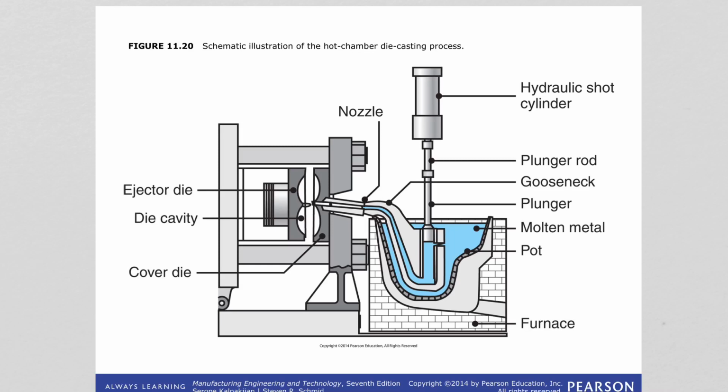Then the die opens, and with the use of ejectors, the part is removed from the die. When the plunger returns to its original position, it allows the residual molten metal to flow back through the nozzle.